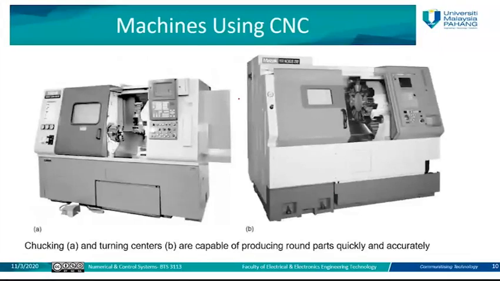So this is the turning center, and there are two types: the chucking center, which is figure A, and the turning center, which is figure B. Both are capable of producing round parts quickly and accurately.